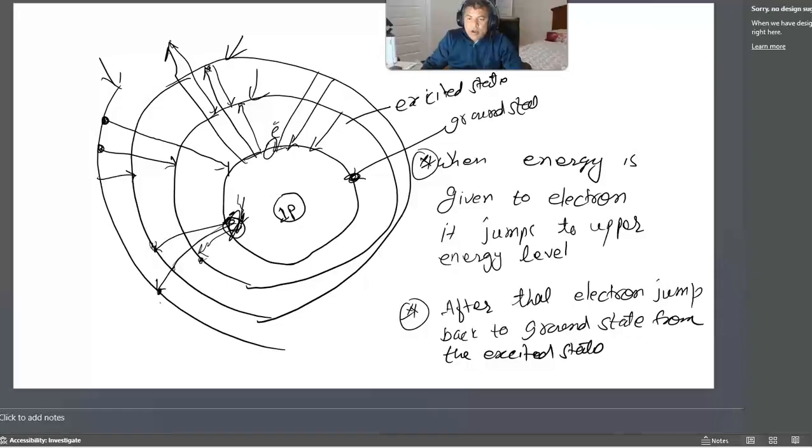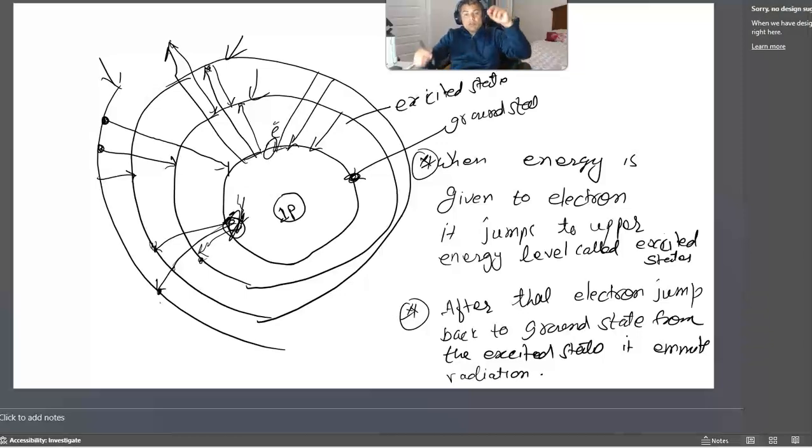the upper energy level is called the excited state. Okay, so when it jumps back to the ground state from the excited state, it emits radiation.